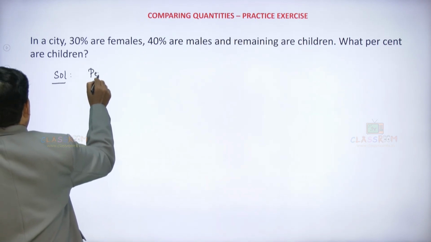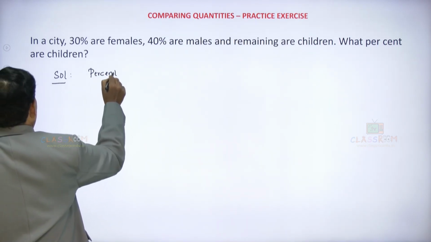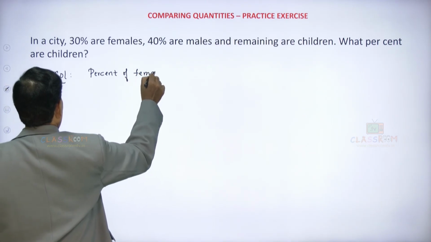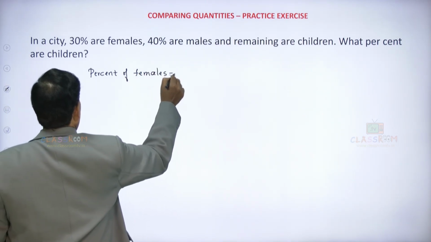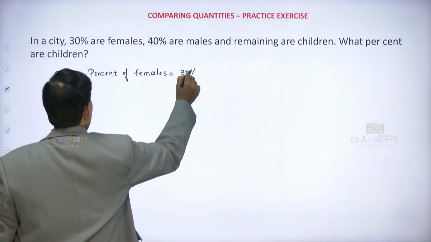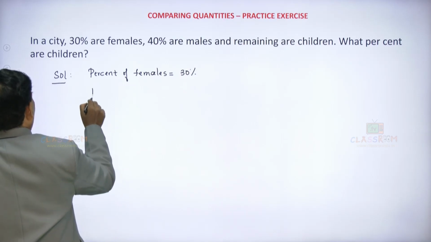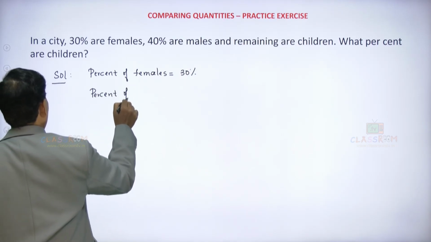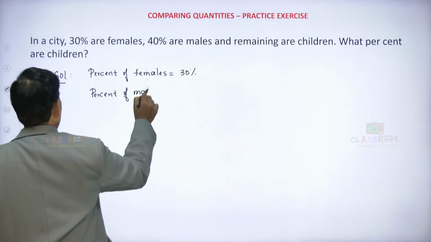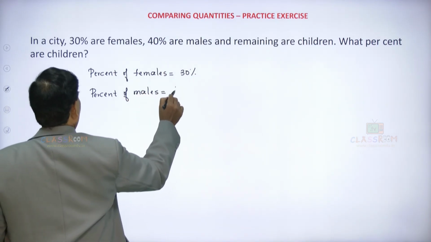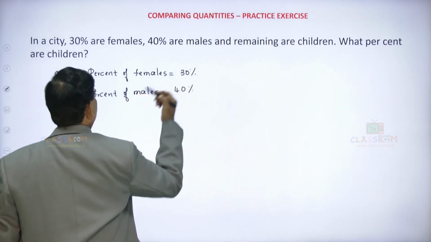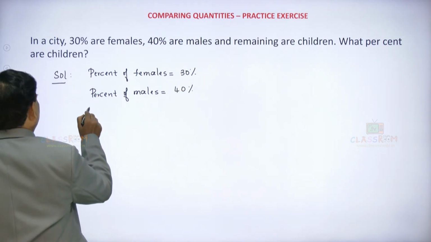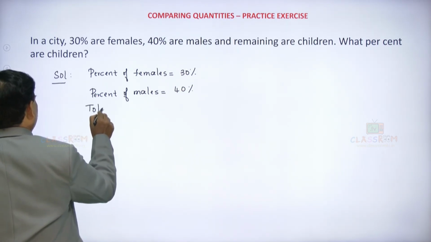So percent of females, they are 30%. Percent of males, 40%. Remaining all are children. That means total percent of males and females.